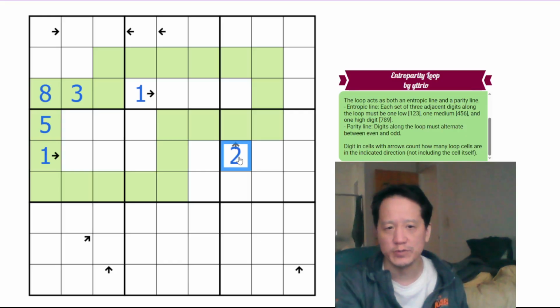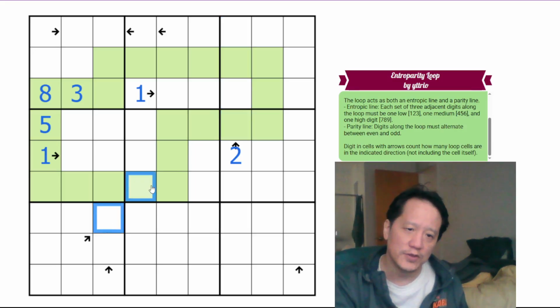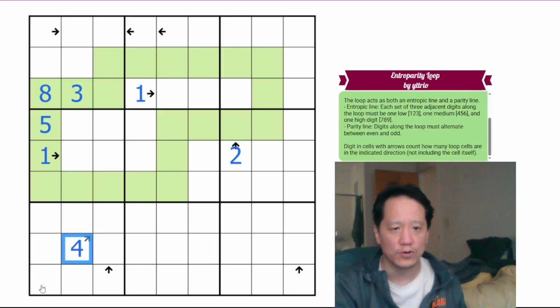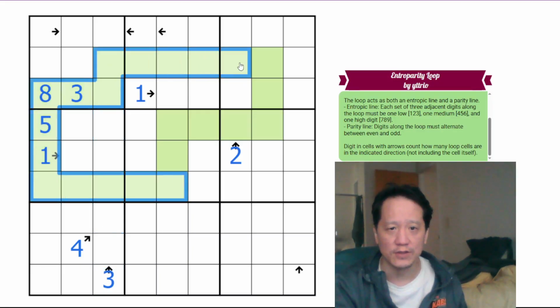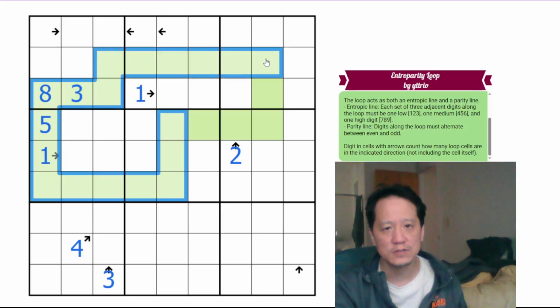This would be 2 because it would see 2 loop cells in this direction. This would be 1, 2, 3, 4, so that would be 4, and this would be 3, assuming that this was the loop. But that's basically making those assumptions.